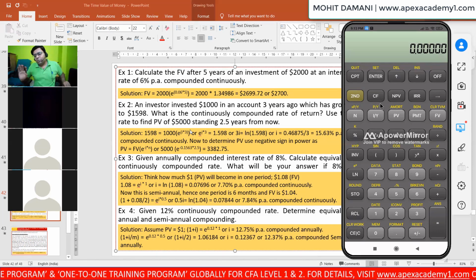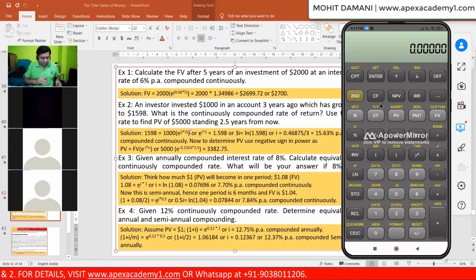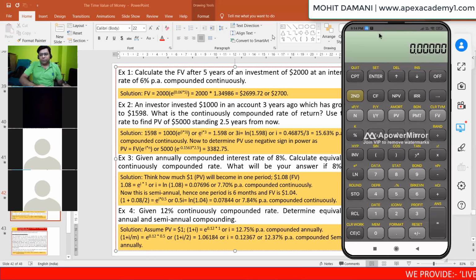But again, it is not required in CFA, so that's of no use. Sine, cos, tan is scientific, so it doesn't come in all those functions. Now moving to the final function, that is the bond function.